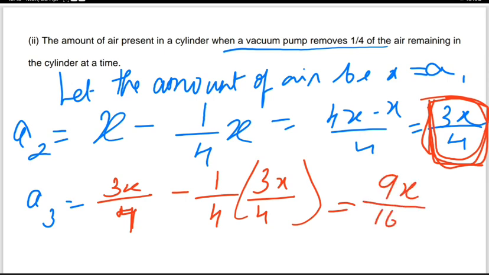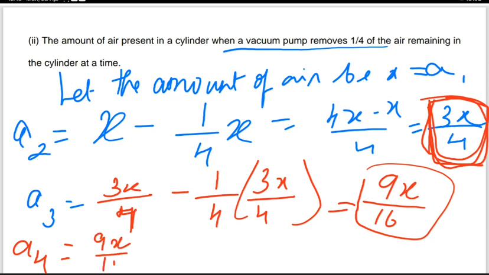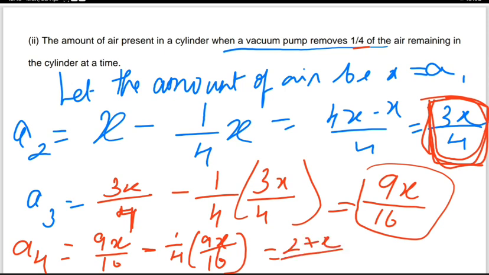This is our third term. Now the fourth term, a4: the total air present in the cylinder is 9x by 16, minus 1/4 of the total air, that is 9x by 16. If we simplify that, we get 27x by 64.